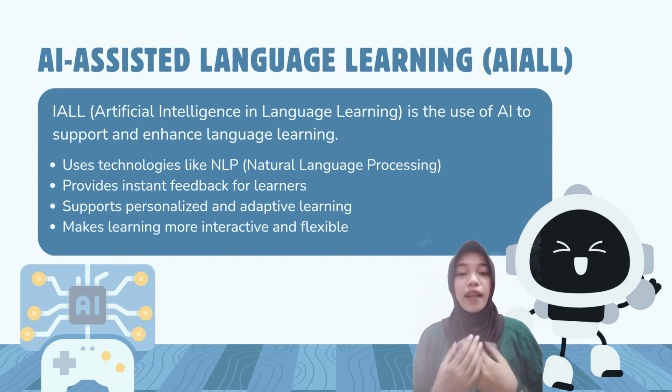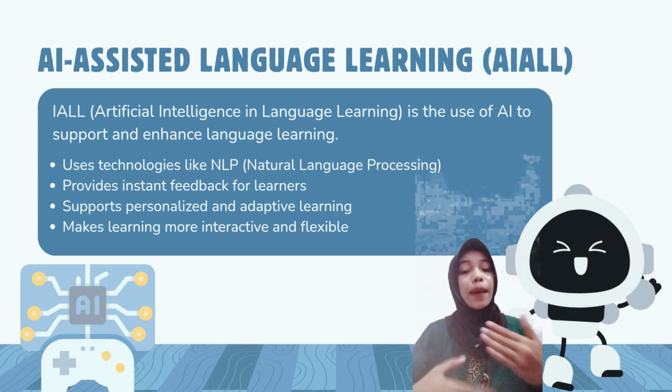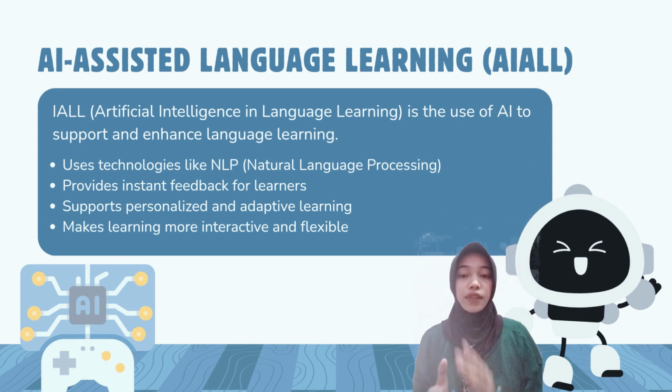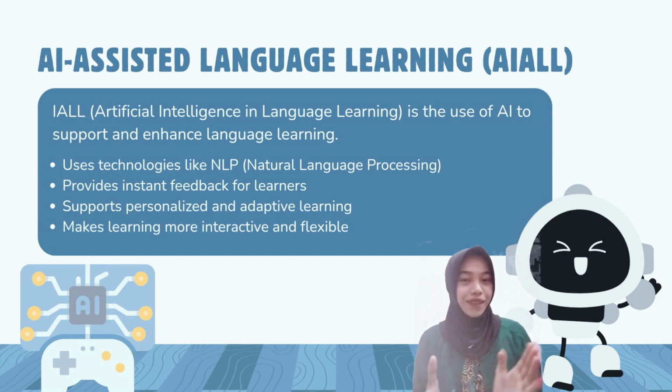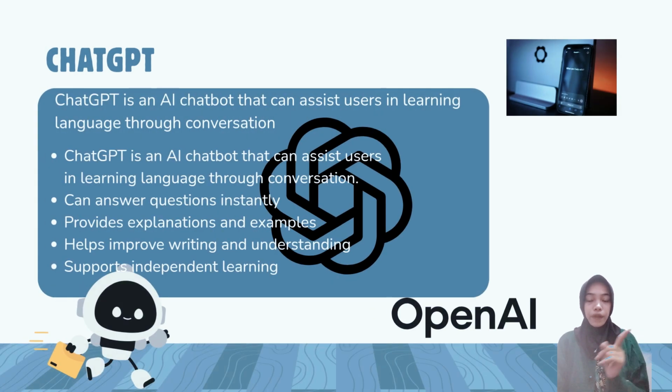In my opinion, this makes learning more interactive and flexible, but at the same time, students still need to be critical when using AI tools. Okay, now let's look at one example of AI tools, which is ChatGPT. ChatGPT is an AI chatbot that can help students learn language through interaction.